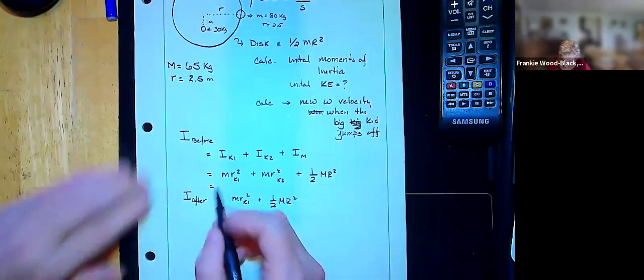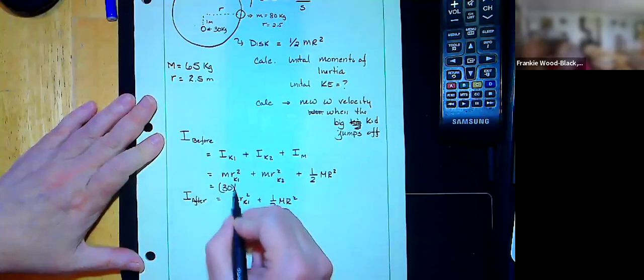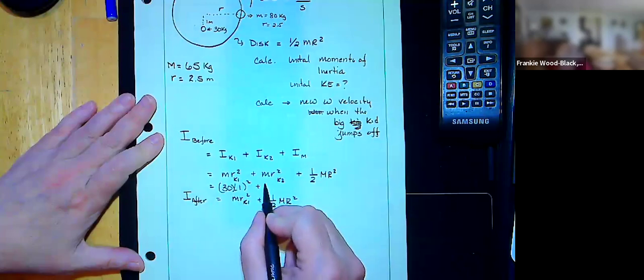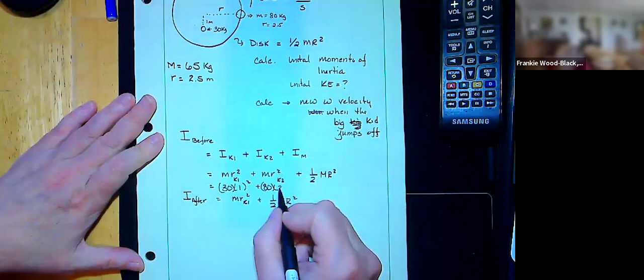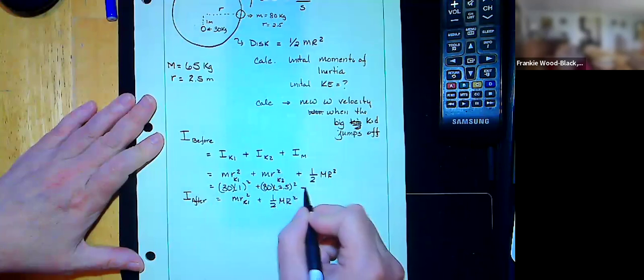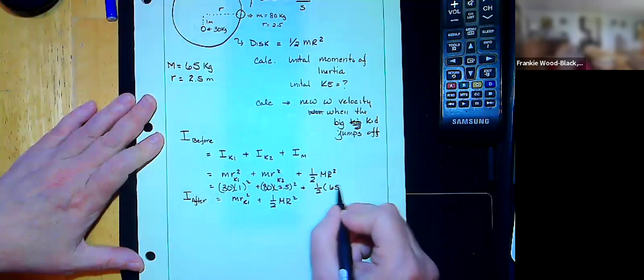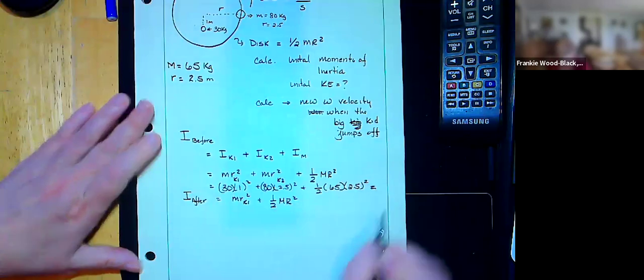So let's go ahead and calculate this out. We've got 30 times our 1 meter squared, plus 80 times our 2.5 meters squared, plus our 1/2 times 65 times 2.5 meters squared.